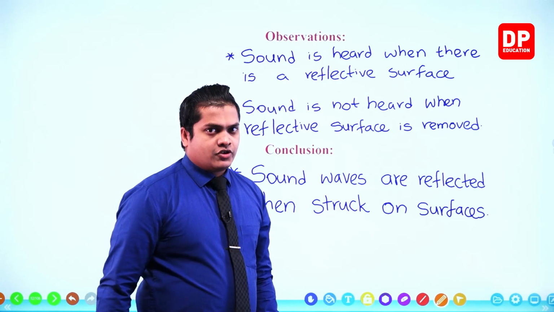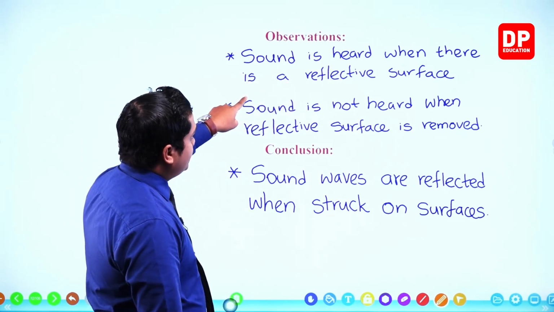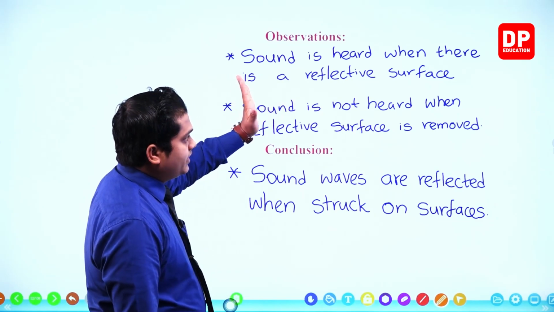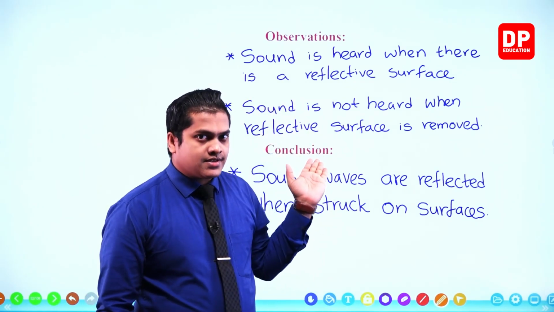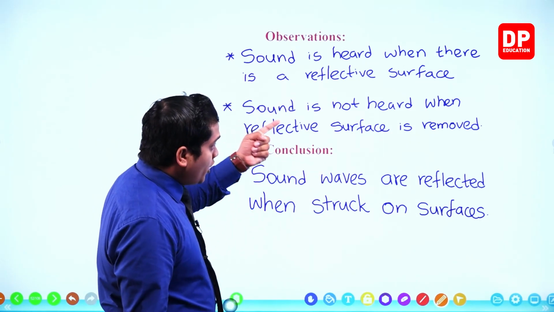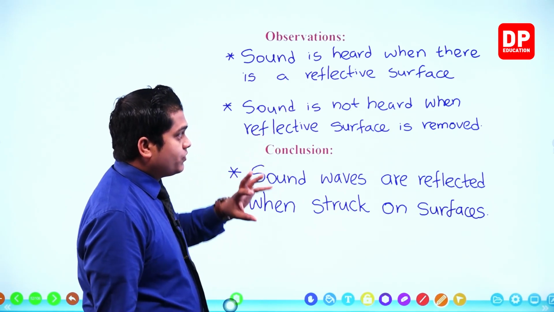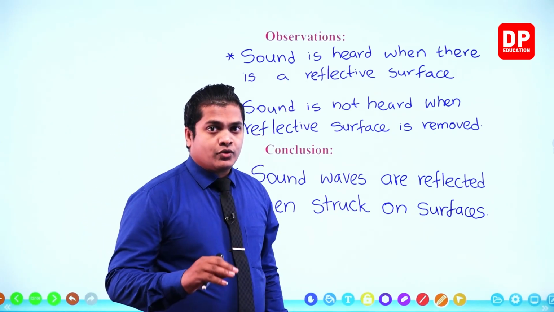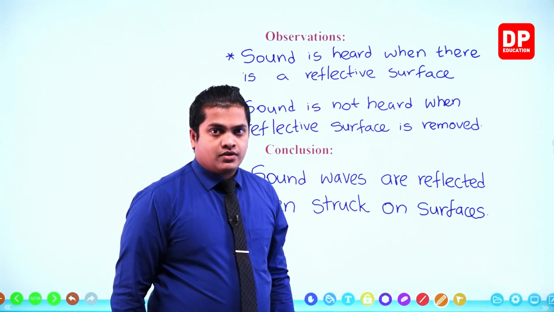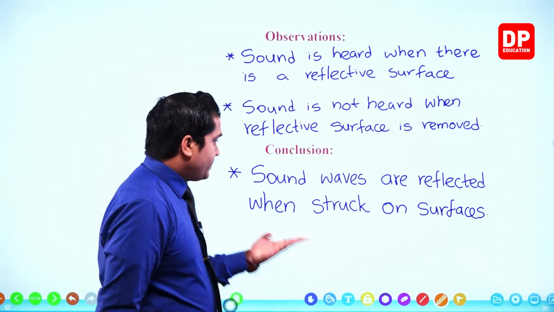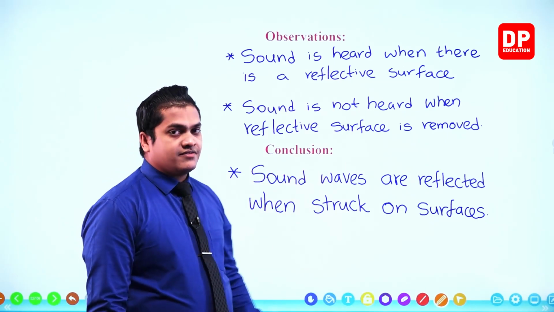Based on what observations? Sound is heard when there is a reflective surface, here the glass sheet. So when there is a glass sheet, we can hear the sound. Sound is not heard when the reflective surface is removed. When I remove the glass sheet, I won't be able to listen to the sound. It's mainly because the sound waves are reflected when struck on surfaces.